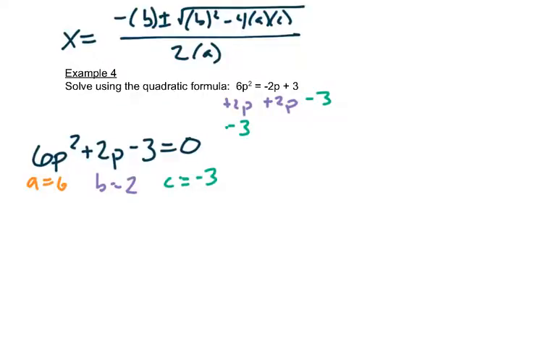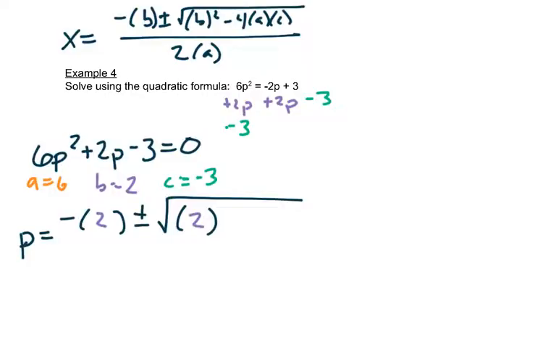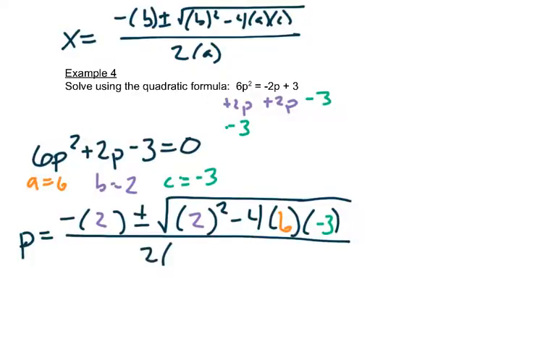In this case, instead of x, I really have p is equal to the opposite of 2 plus or minus the square root of 2 squared minus 4 times 6 times negative 3, all over 2 times 6. If we do some simplifying, we'll do all of that in our calculator all at once.